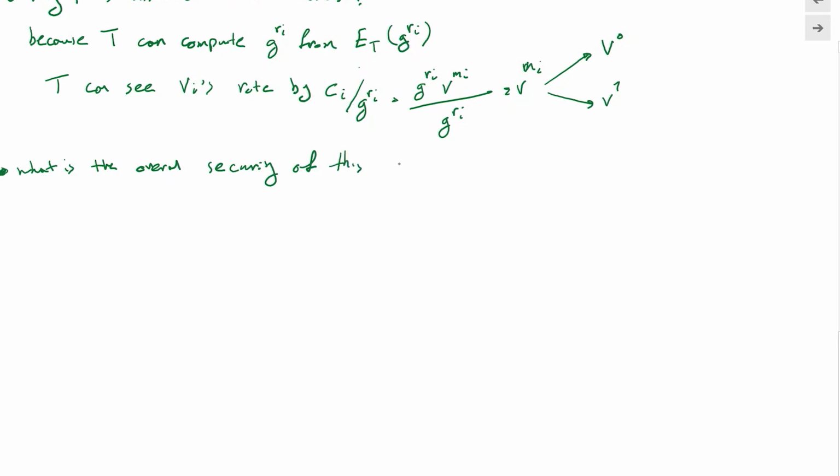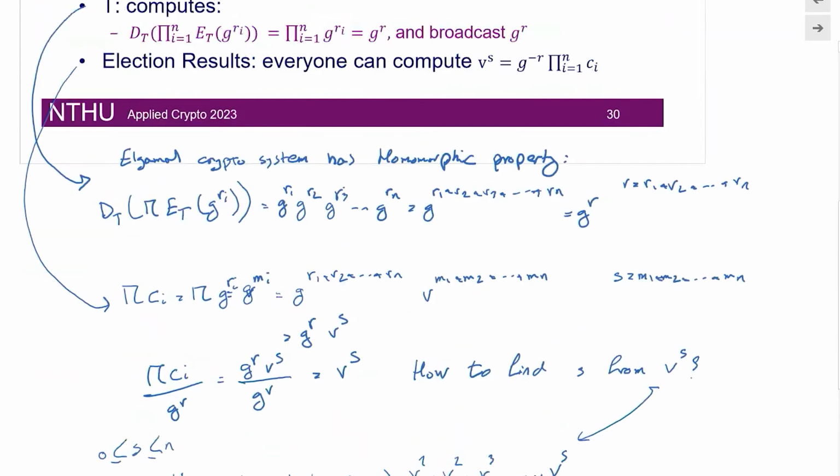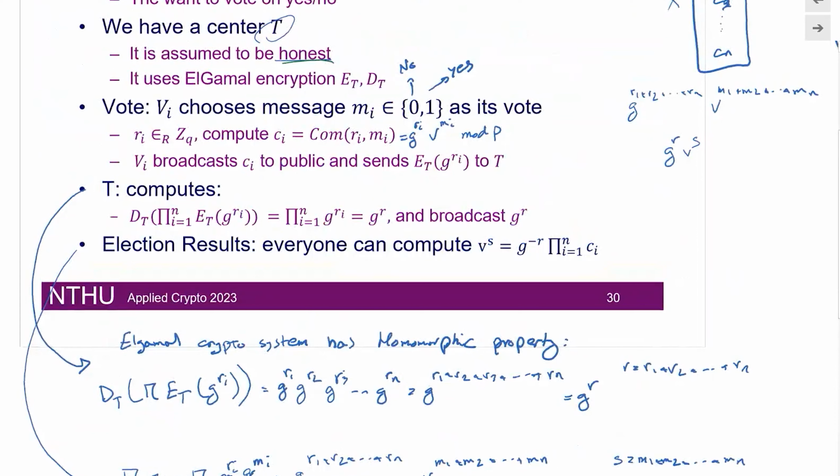The security of this scheme: we are using a commitment scheme, and the hiding property of the commitment scheme by itself is unconditionally secure, as we discussed last week. So this is a very good property. However, we are sending this G to the Ri using the ElGamal encryption system.